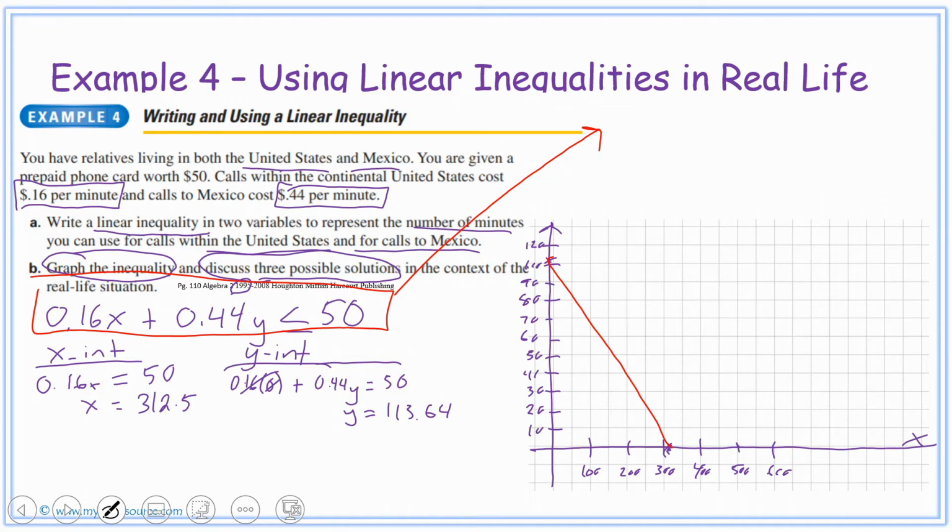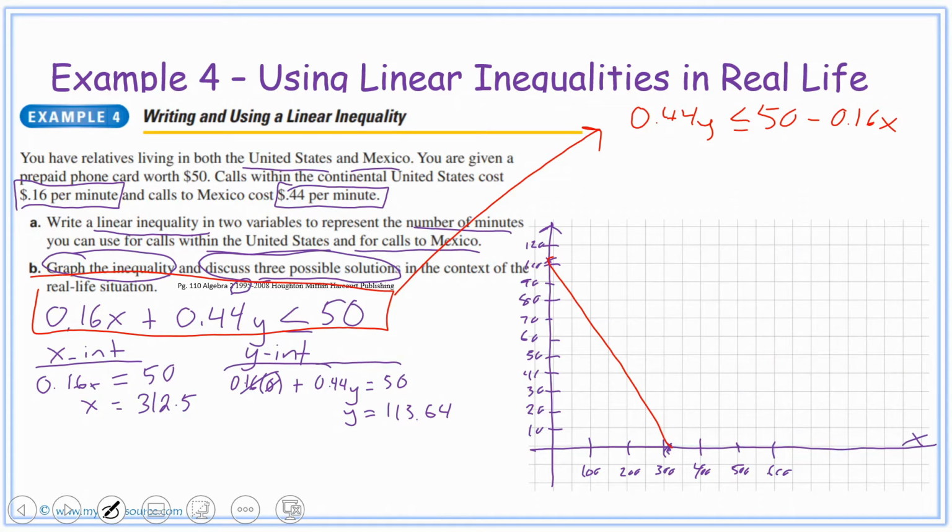You can see if you brought that 0.16x over, you have 0.44y is less than or equal to 50 subtract 0.16x. All right, and so you can see if you divide by 0.44, you're going to basically have that y is less than or equal to everything.